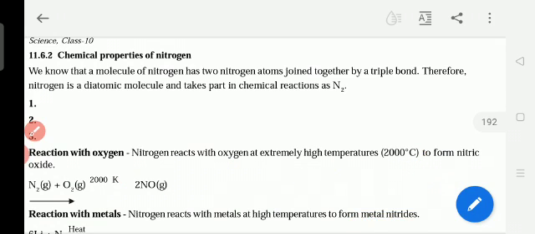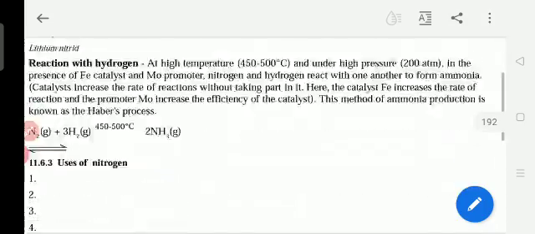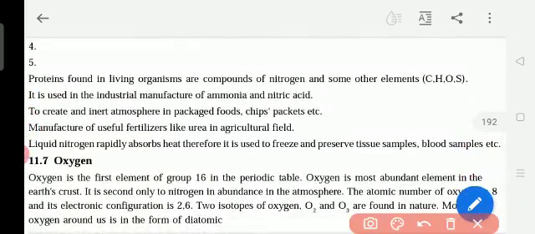What is the use of nitric acid? It is used to clean silver metals and to create an inert atmosphere in packaging foods, chips and packets. Inert means it doesn't react with oxygen. So in chips packets, Kurkure, Lays, in everything, which gas is present? Nitrogen.